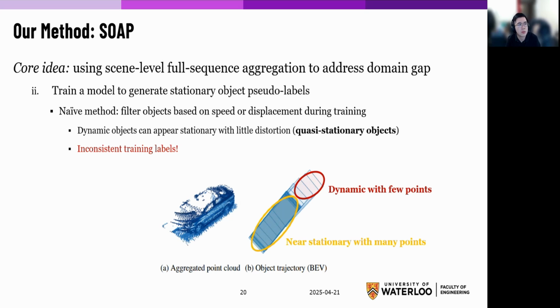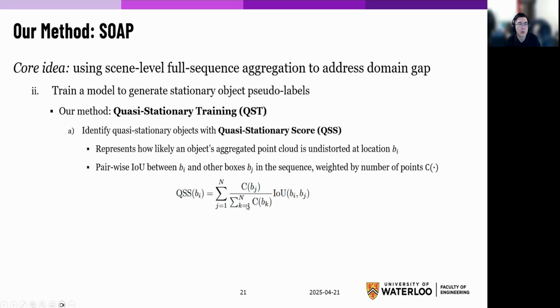So instead of using this naive method, we propose a quasi-stationary training technique where we first identify the quasi-stationary objects, like the case that I showed in the previous slide, using a quasi-stationary score. So this score represents how likely the object's point cloud is going to be distorted at a certain location. And this is defined as a pairwise IOU weighted by the number of points to take into account the observations at each location.